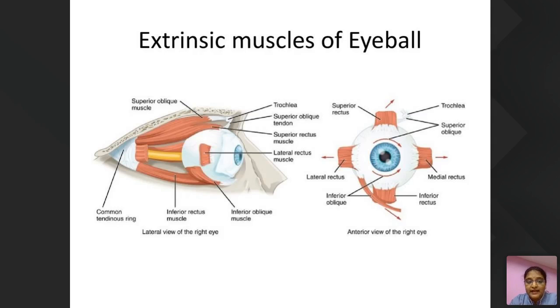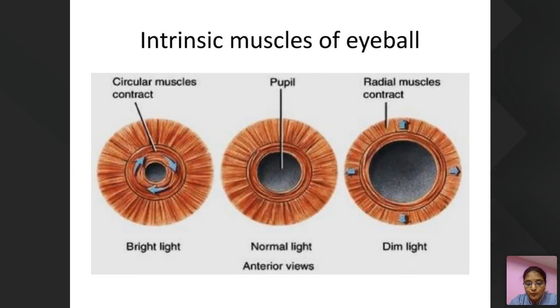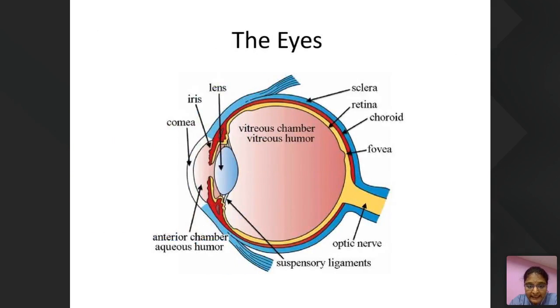Next to the superior oblique and inferior oblique muscles is the sclera. This is the outermost layer of the eyeball, which maintains the shape of the eye. This is also important.